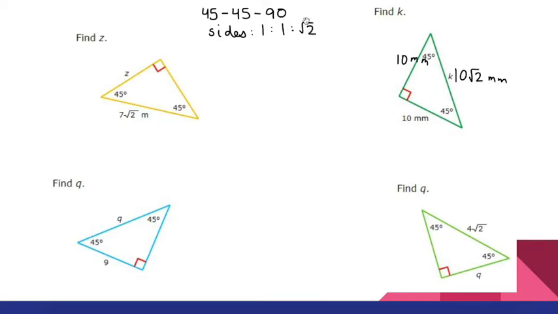Right? The square root of 2 times 10. Or if we know the hypotenuse, like here at the top left, if we know the hypotenuse of a 45, 45, 90 triangle is 7 root 2, that's the root 2 part of this ratio. That tells us that the two legs must just be 7.